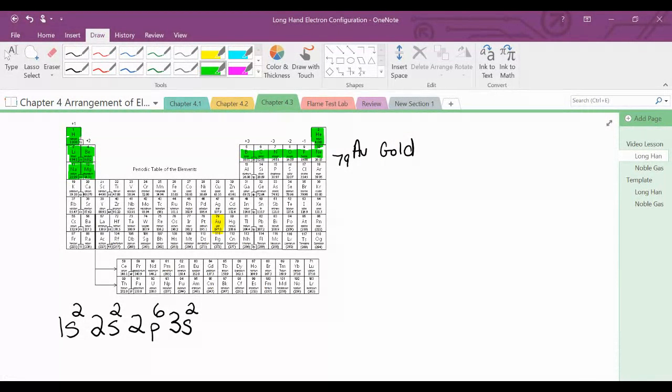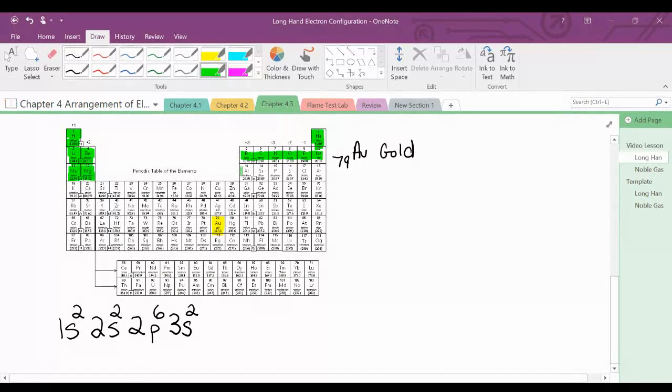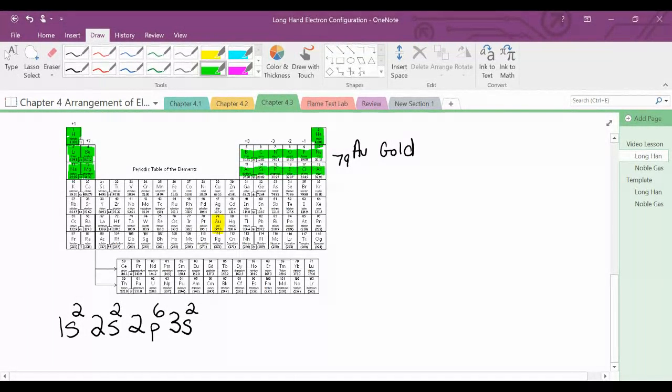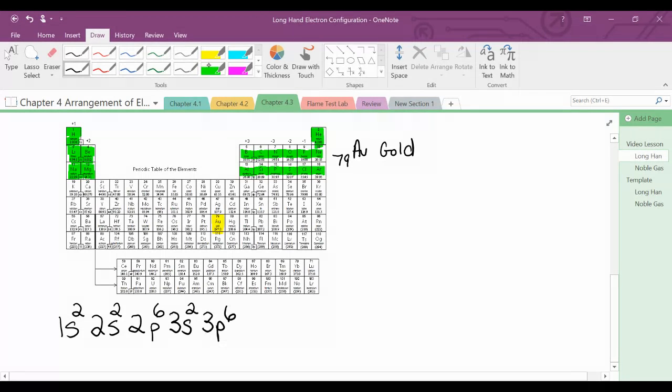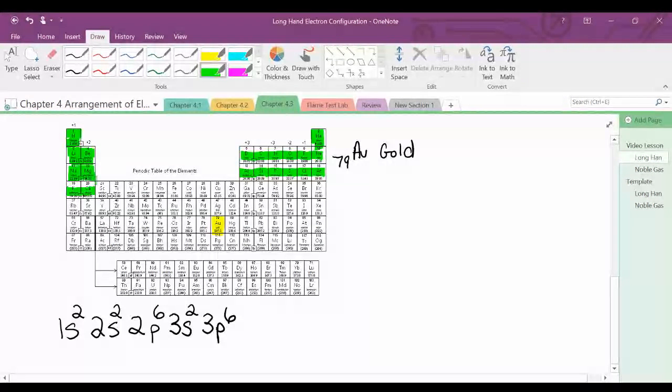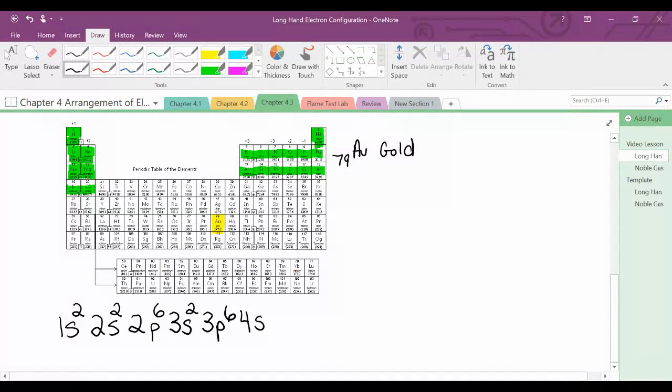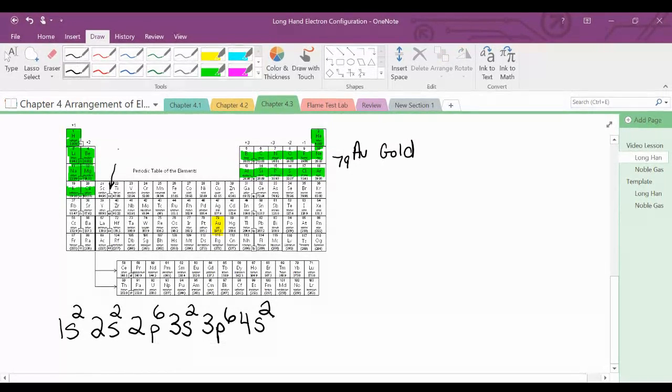We're going to go across to the third energy level, P block, 3p, 1, 2, 3, 4, 5, 6. After 3p, we're at 4s. 4s, 1, 2. Now we're going into the D block, and I just want to remind you that the D block starts at energy level 3.